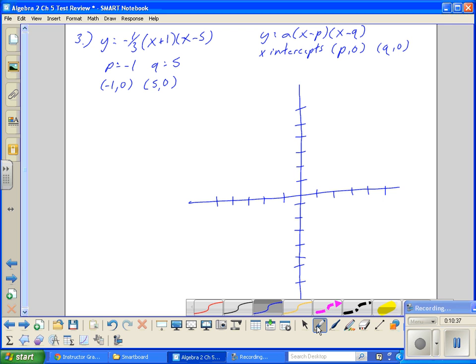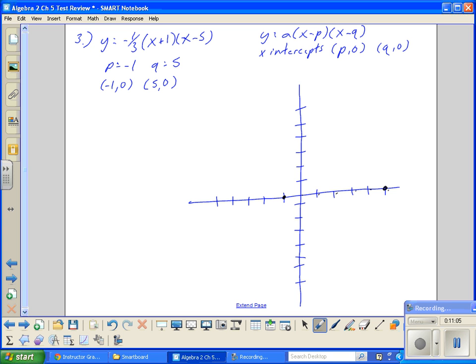So if I plot those points on the graph, negative 1, 0, and 5, 0, they'll be there. And then the vertex we know is halfway between those 2 points. If I count, that's 1, 2, 3, 4, 5, 6 spaces between those 2 points.